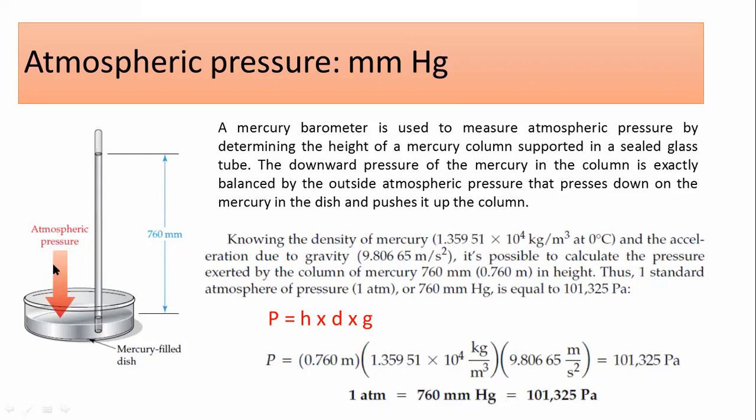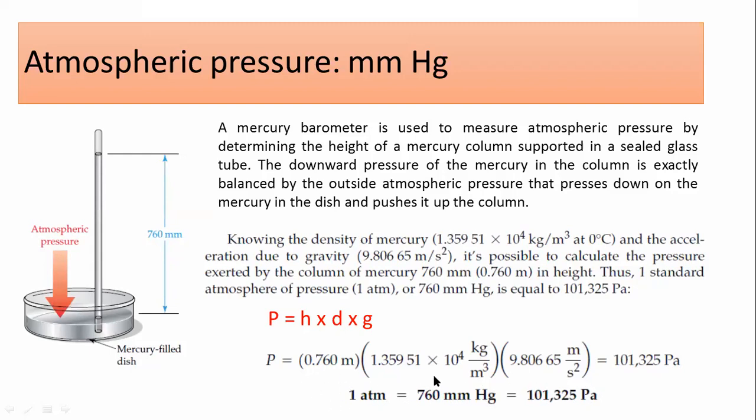That means if you have applied 1 atmospheric pressure, this is also equal to 760 mm of mercury, which is another unit, and which is also equal to 101,325 Pascal or 101 kilopascal. So remember this conversion.